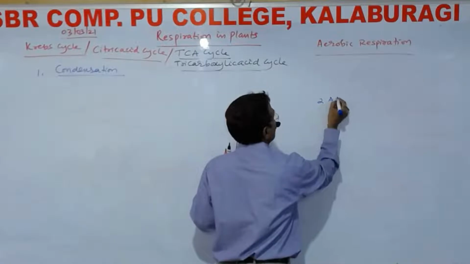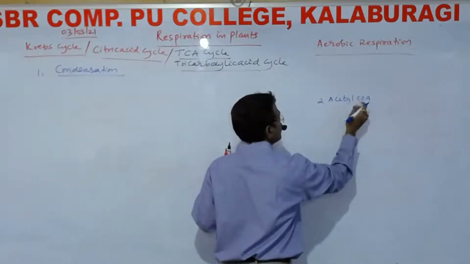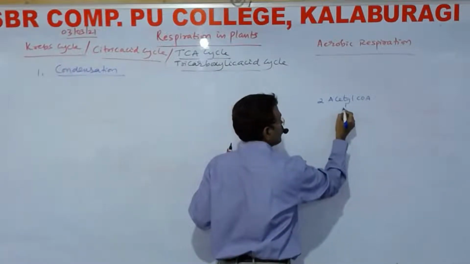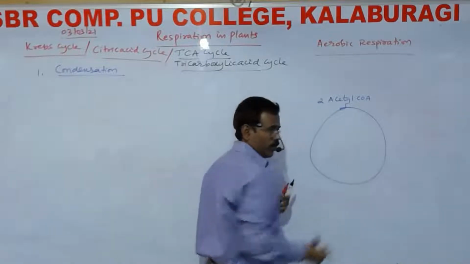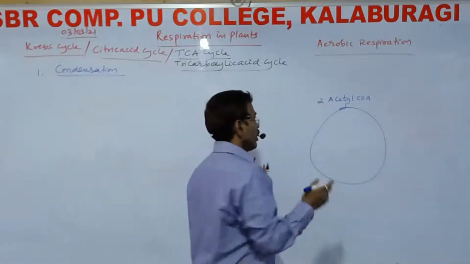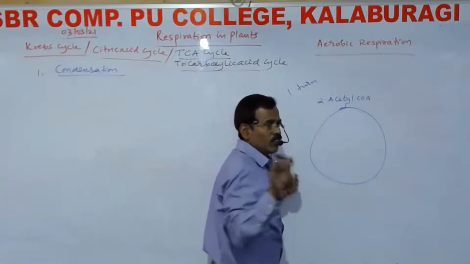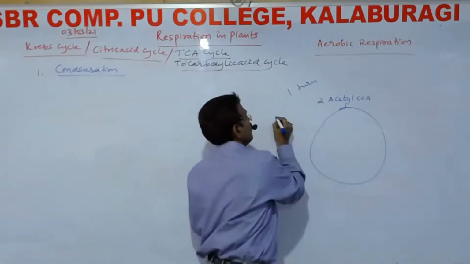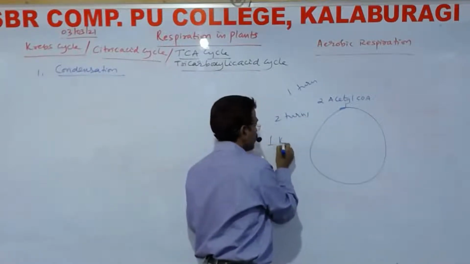If two molecules of acyl coenzyme are there, this will take part in Krebs cycle. In one turn, one acyl coenzyme is used. That means it has to take two turns for the completion of one Krebs cycle.